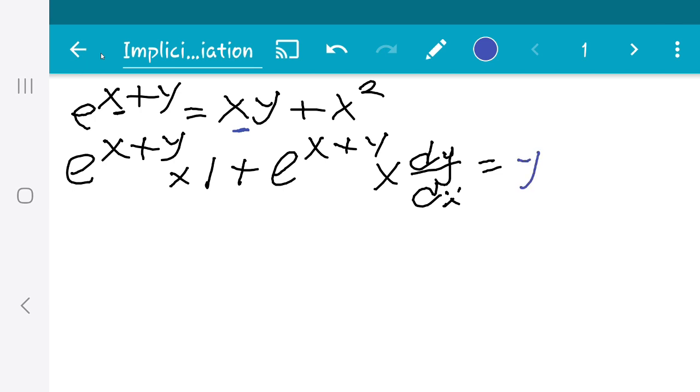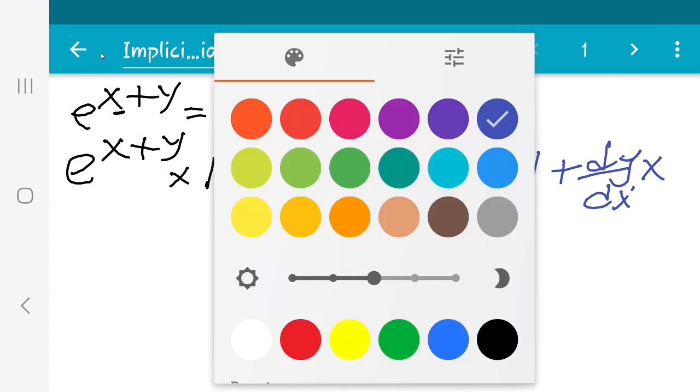Plus, now we differentiate y with respect to x, which gives dy over dx, and because x is a constant, it's left there.